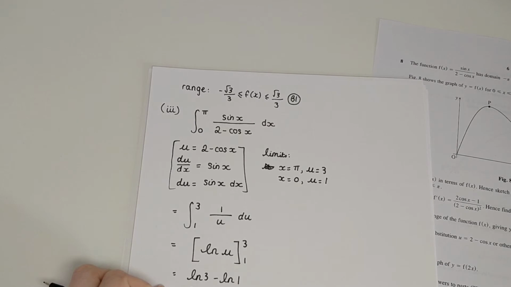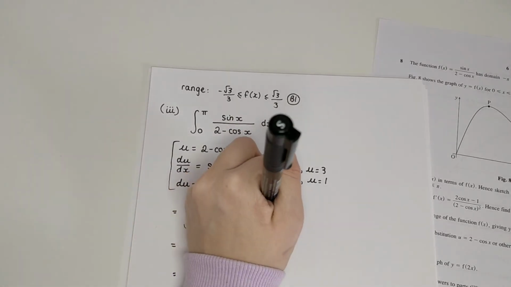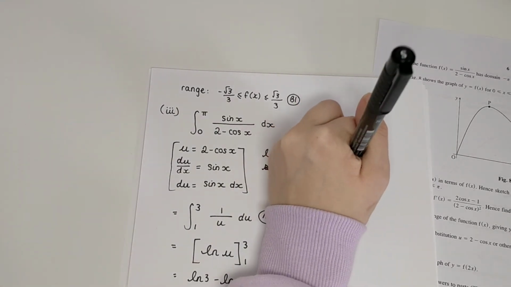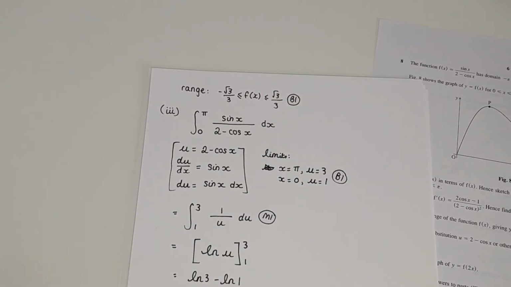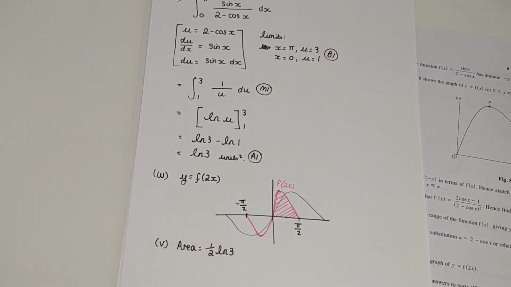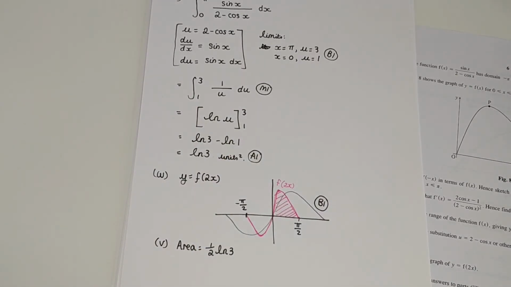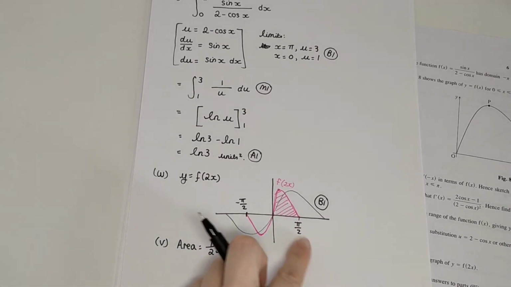And then part 3, M1 for getting to there basically, B1 for the limits, A1 for the answer, then B1 for the picture, and then it doesn't say whether you have to have these labelled.